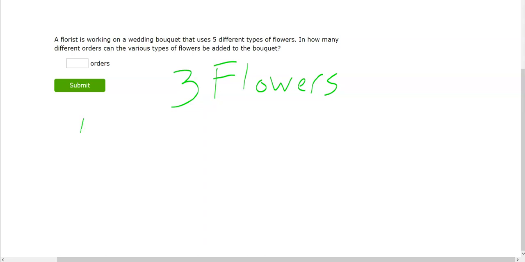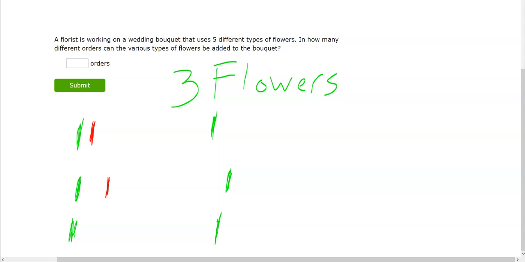So let's say we start with the green one first, and I'm just going to put lines for the flowers. Let's say red's next in this one.